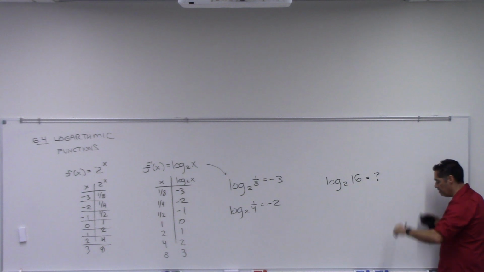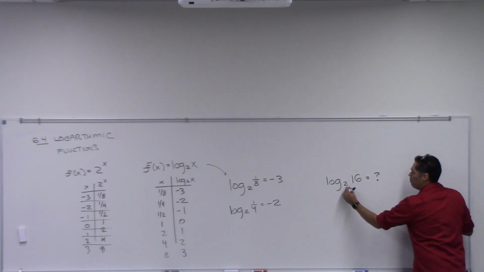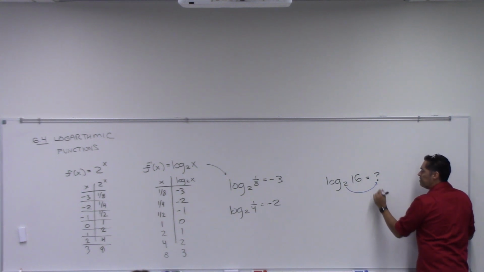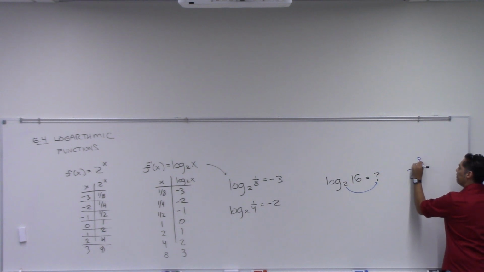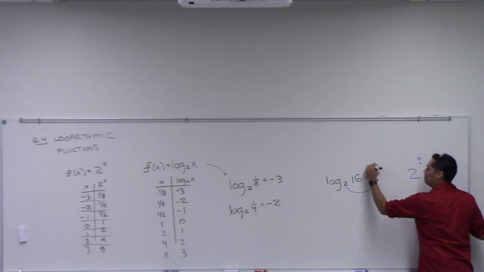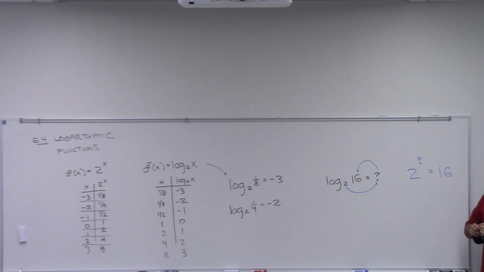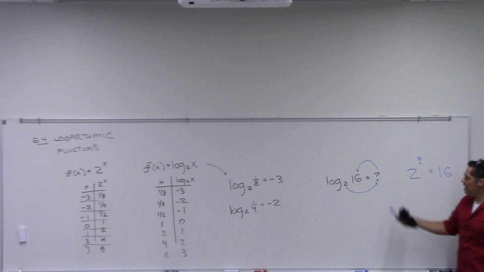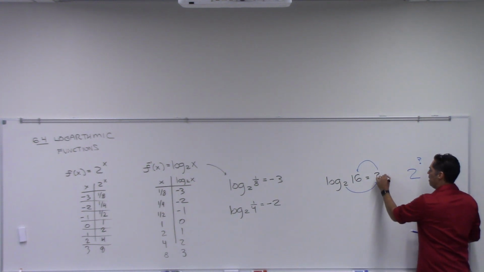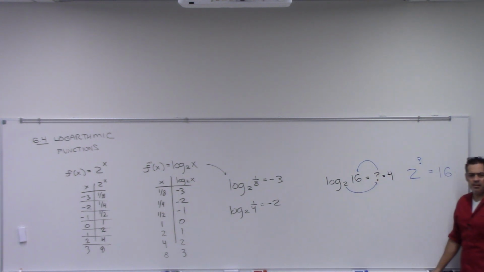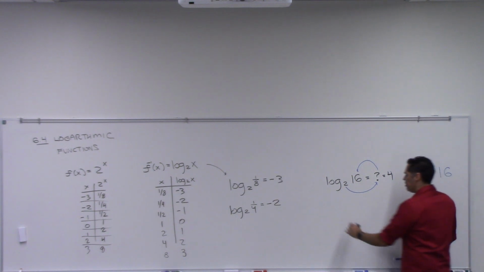What is the loop saying? When I take 2 and raise it to some power, I need to get what? 16. Do you know what that power is? 4. It's 2 to the 4th power. So you can answer this, can't you? You can say that the answer here is 4. Understand?